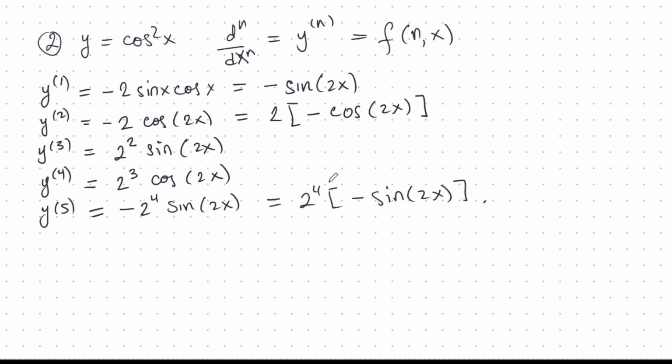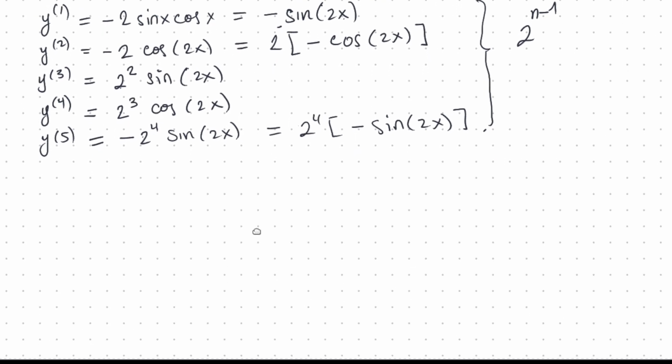Okay, the first thing to notice is that we have powers of 2 appearing here: 2 power 0, 2 power 1, 2 power 2, 2 power 3, 2 power 4. So we have this factor of 2 power n minus 1 in front of all of these functions.